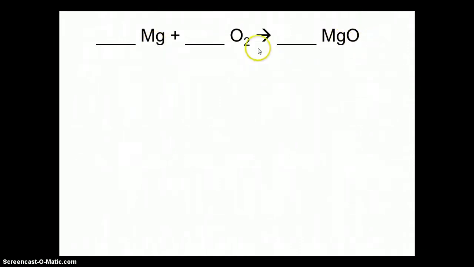So those are balanced. But I have 2 oxygens here on the left, so I need 2 over here. Remember, you cannot put a little number down here. You have to use a coefficient. So if I put a 2 in front, now I've got 2 oxygens, and the oxygens are balanced. But on the right, I also now have 2 magnesiums, so I need to add a 2 to the other side. So this is now a balanced equation.